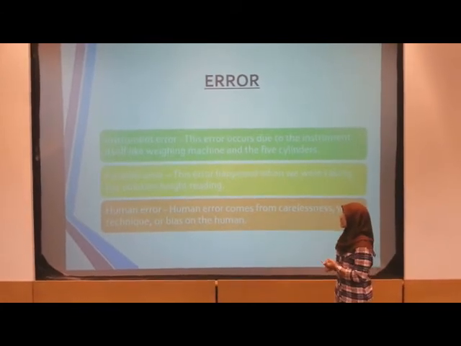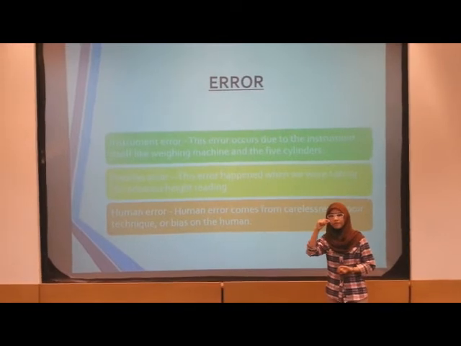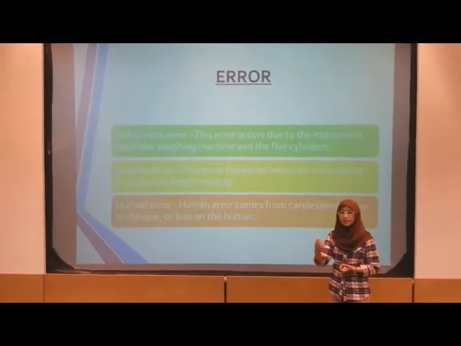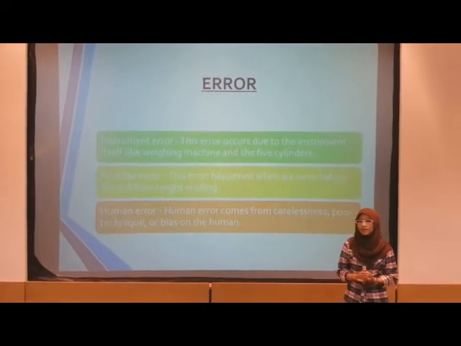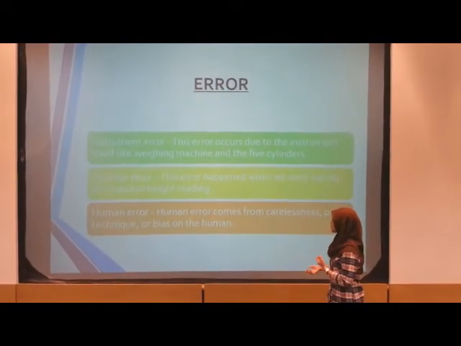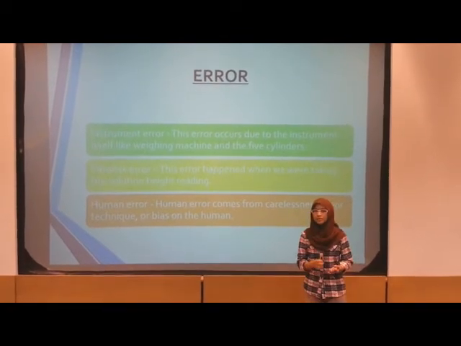The second one is parallax error. Maybe this is when we took the reading of the height of the cylinder, we got some parallax error there. And the third one is human error. Human error comes from carelessness, poor technique, or bias of the human.